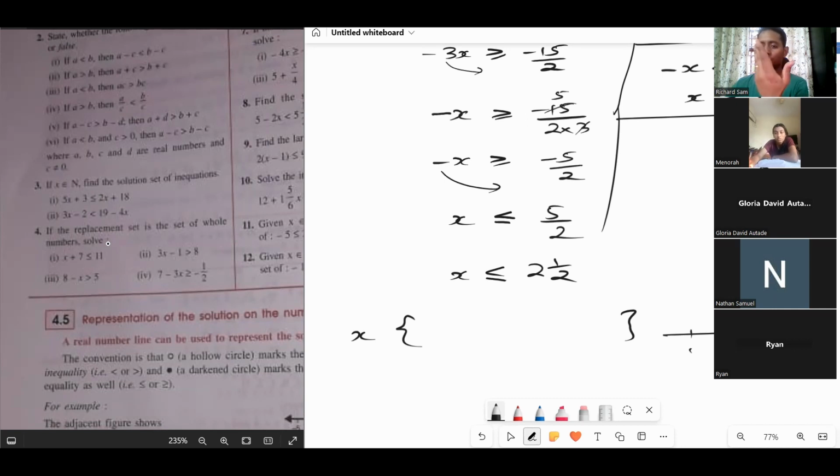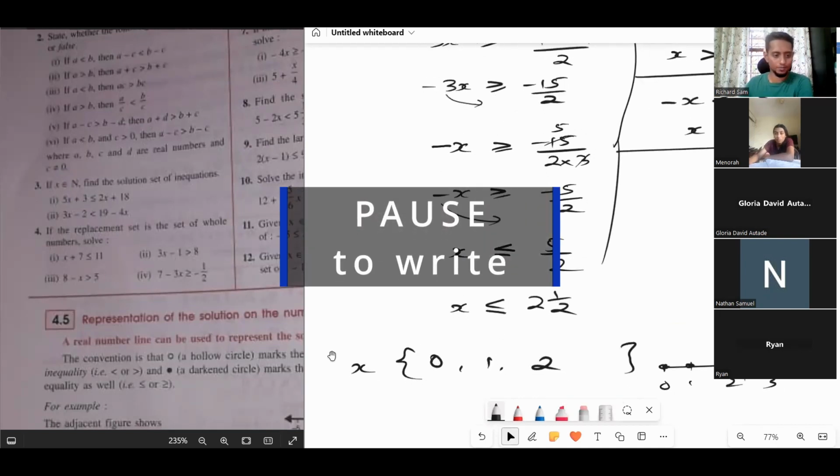So what are the whole numbers less than 2, 1 upon 2? 0, 1, 2. Correct? So 0, 1, 2 is your solution set or your replacement set. Even though it says less than equal to 2, 1 upon 2, we can't write 2, 1 upon 2 here. That's not a whole number. The first smallest whole number below this is 2. Is it clear, Aman?